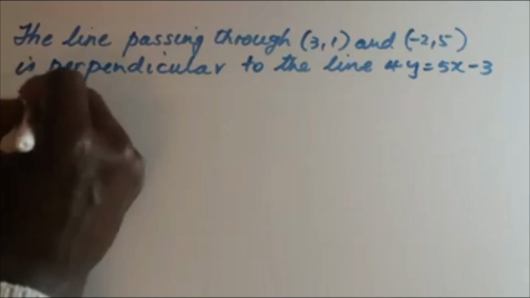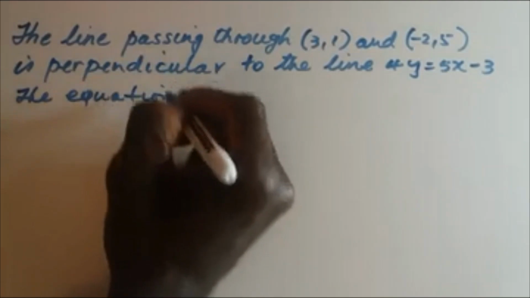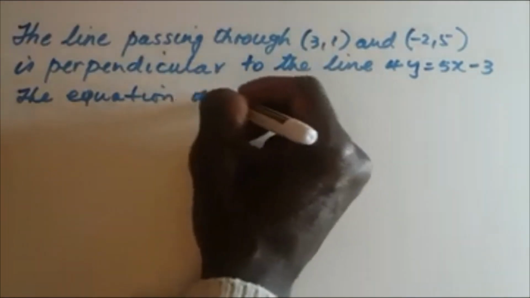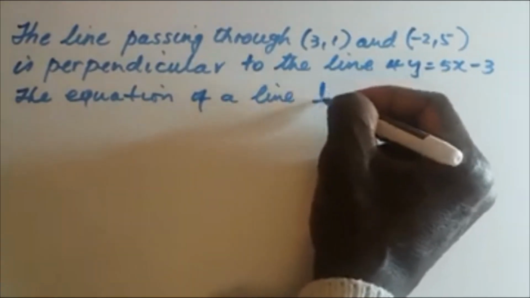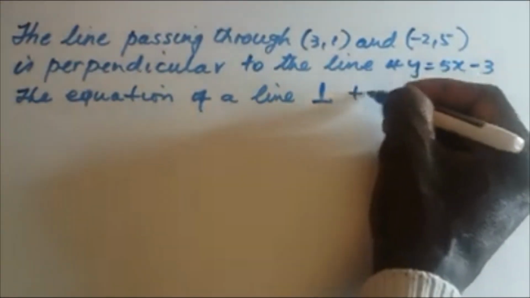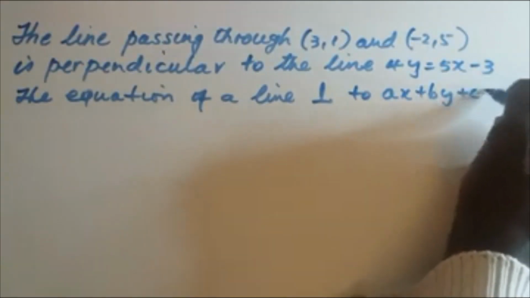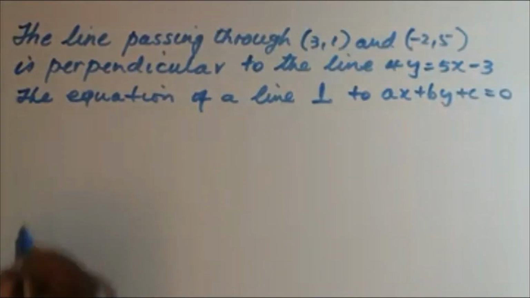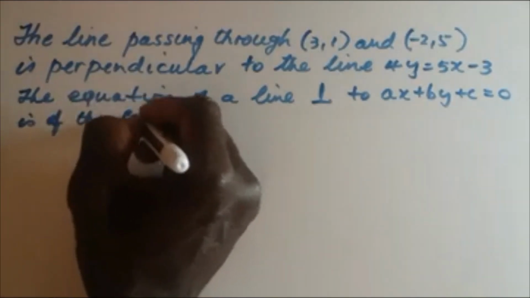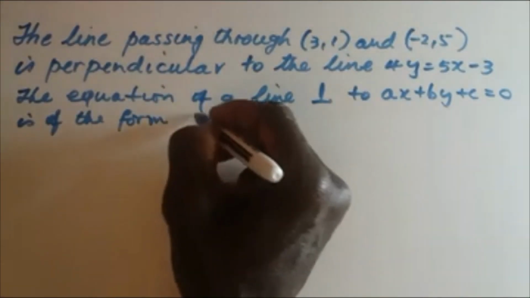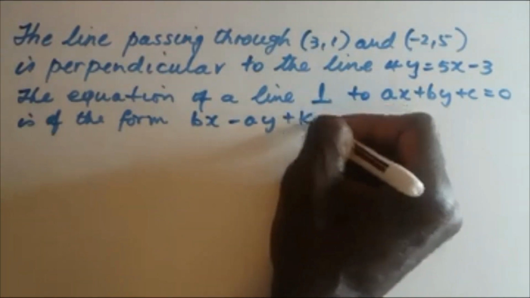The equation of a line perpendicular to ax + by + c = 0 is of the form bx - ay + k = 0, for some constant k.